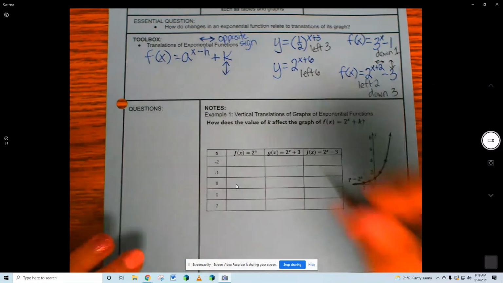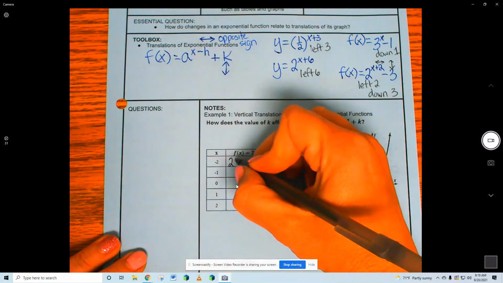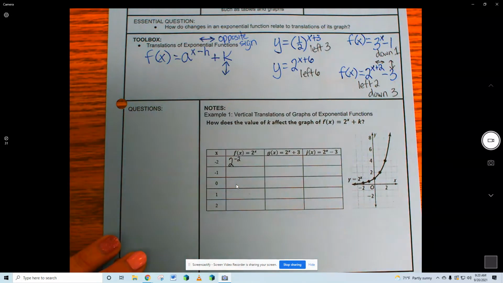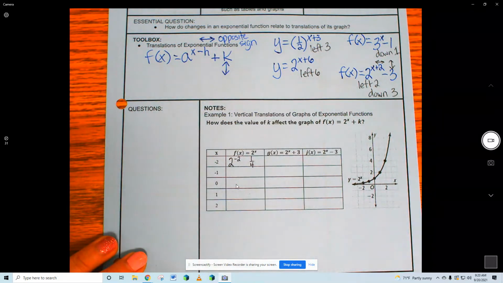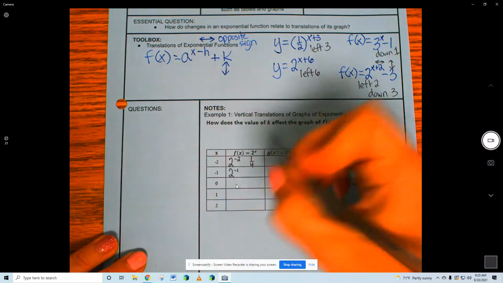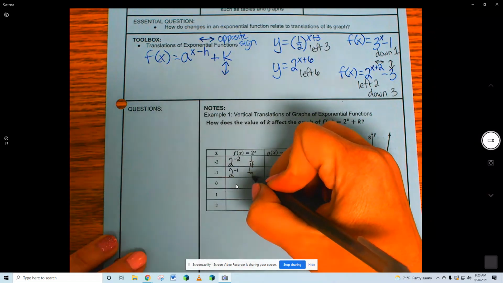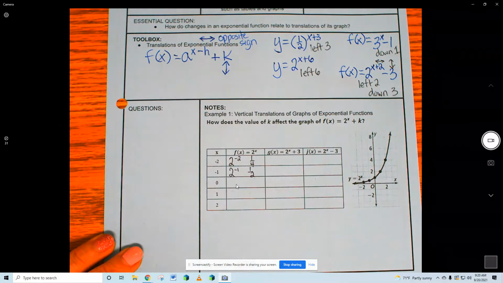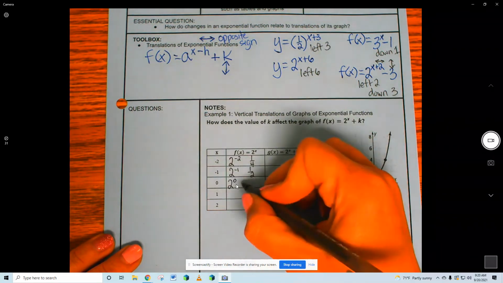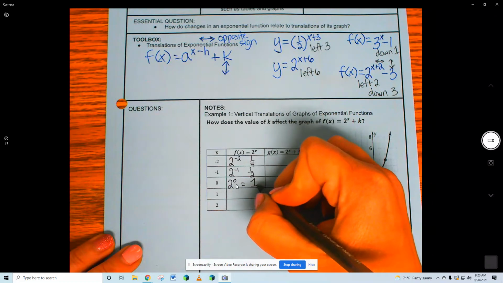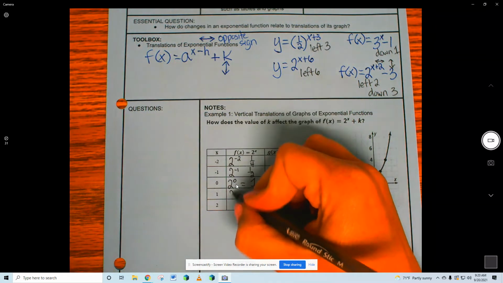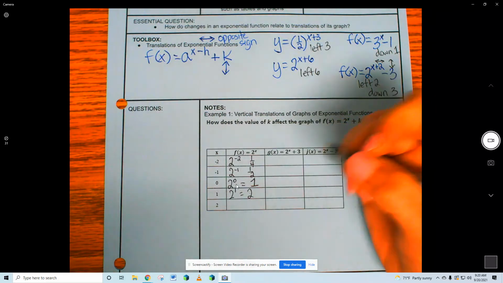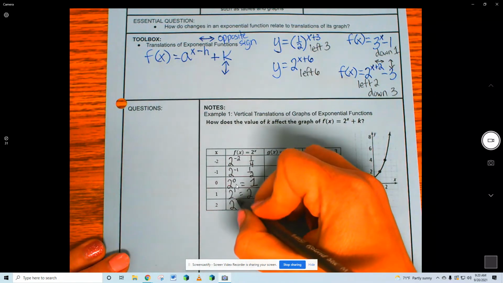Well, remember when I plug in 2 to the negative 2 power, that's 1/4. 2 to the negative 1, remember how that was 1/2? 2 to the 0 was 1. So this is the parent function table of values for just a typical 2 to the x power. 2 to the first power is 2. 2 to the second power is 4.